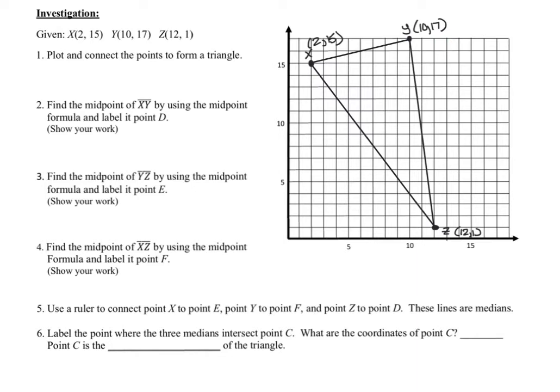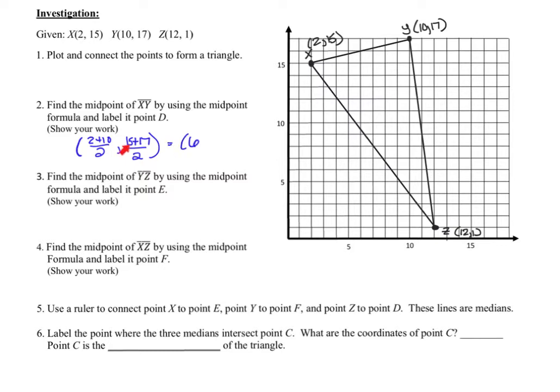If you remember correctly, the midpoint formula will average the x values and average the y values. So the x values are going to be 2 plus 10, and then we're going to divide those by 2. And the y values we're going to add together are 15 plus 17 and divide those by 2. 2 plus 10 is 12. 12 divided by 2 is going to give me 6.